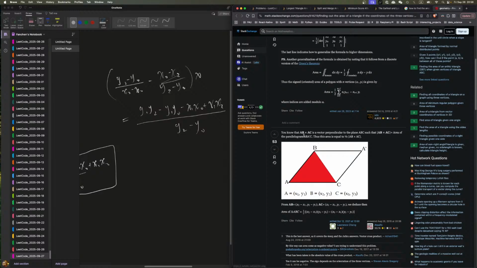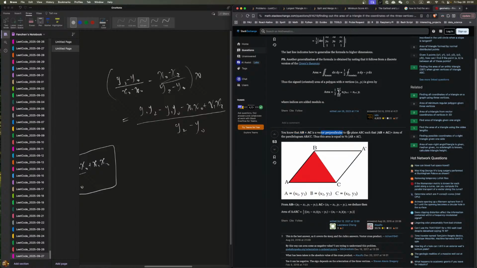You know, AB times AC is a vector perpendicular to the plane ABC, such that AB times AC equals the area of the parallelogram of this. Thus, the area is equal to half of this. I know this part.